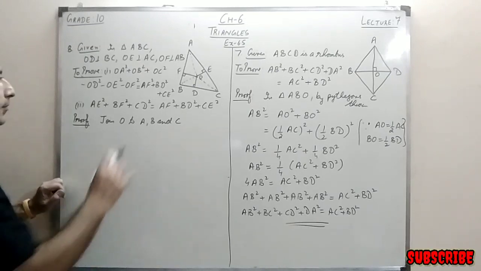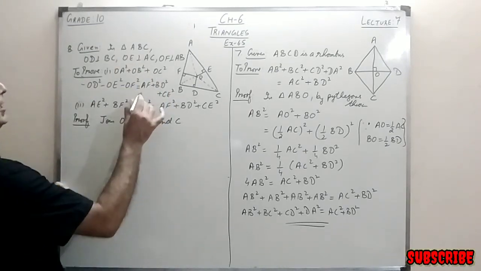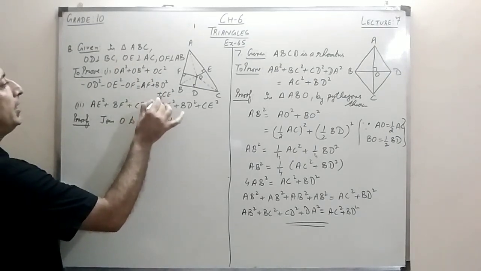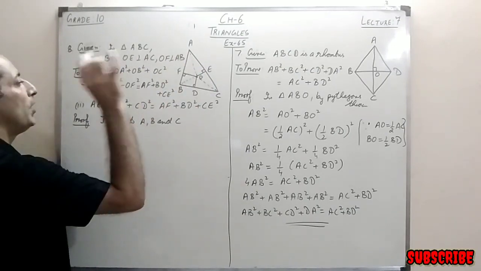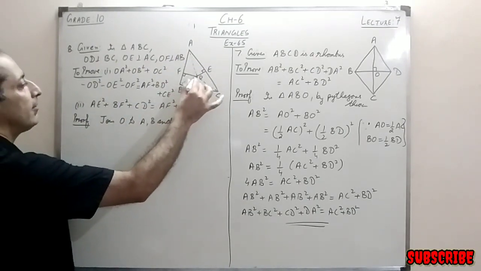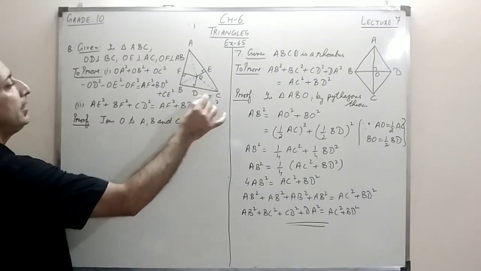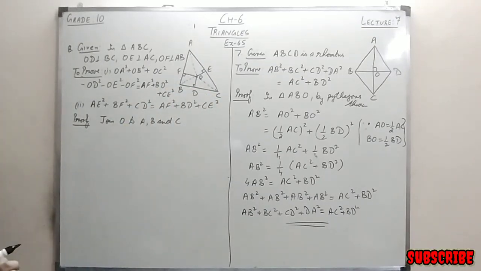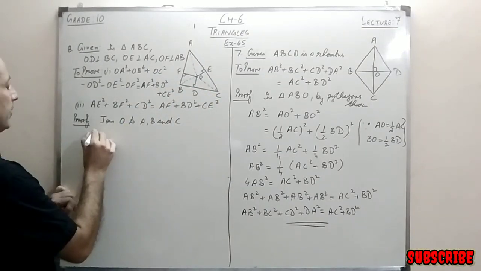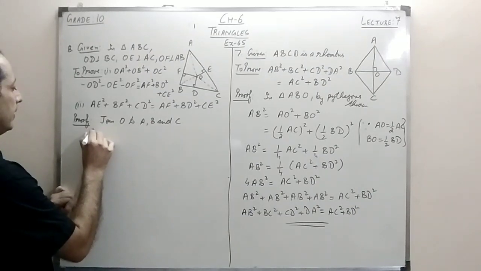Which triangles I require depends upon what things I require: AF, BD, CE. So AF is inside triangle OAF, BD is in triangle OBD, and CE is in triangle OCE.